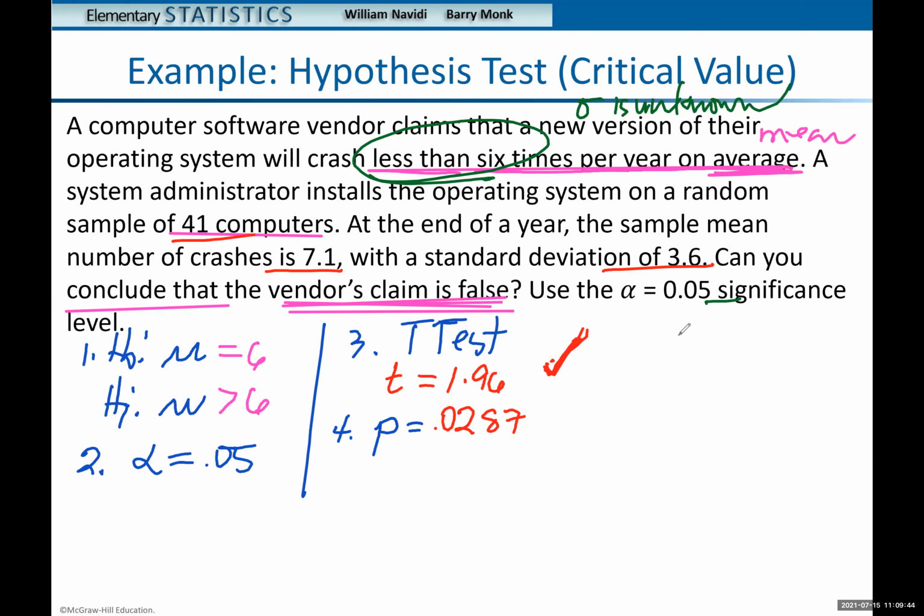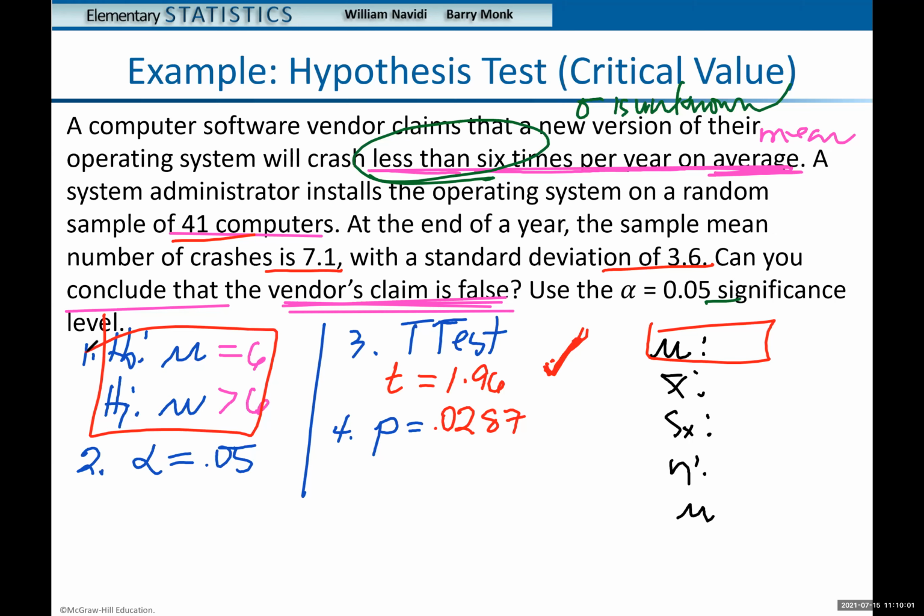When you use the t-test, you will see mu, mean, standard deviation, n, and the alternative. The mu here is from your hypothesis.